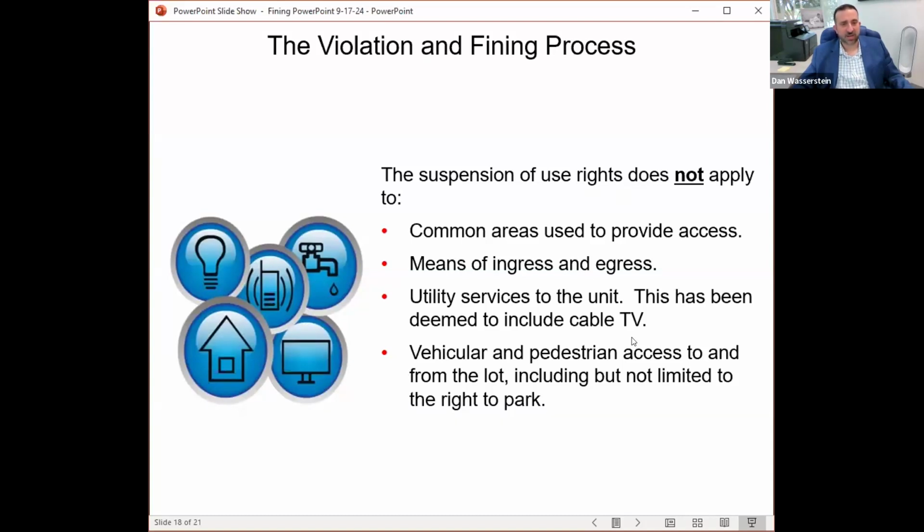Another item, means of ingress and egress. So if an owner is coming in and out, let's say in an HOA, you cannot prevent them from coming in. Now, one of the questions we get a lot is, what about suspending their transponder, meaning they have to go through the guest lane?